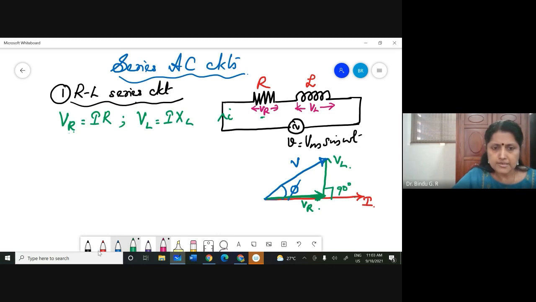So I drew this VL, the voltage across the inductance, leading the current by an angle of 90 degrees, so that I can get the resultant voltage, that is the voltage across both R and L, as V. Now this V is leading the current through the circuit by an angle phi.